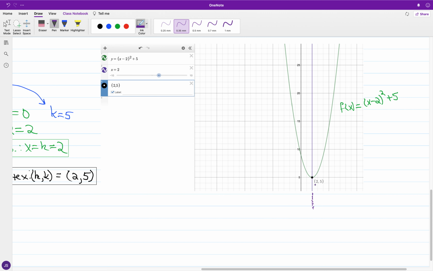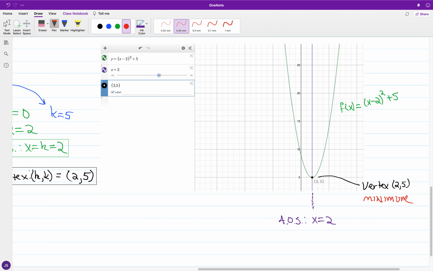It just evenly divides up the graph. So again, you have the axis of symmetry, and that is x is equal to 2. And once again, the vertex we have at (2, 5). And everything in the quadratic function is above this, and so this particular vertex is going to be the function's minimum.